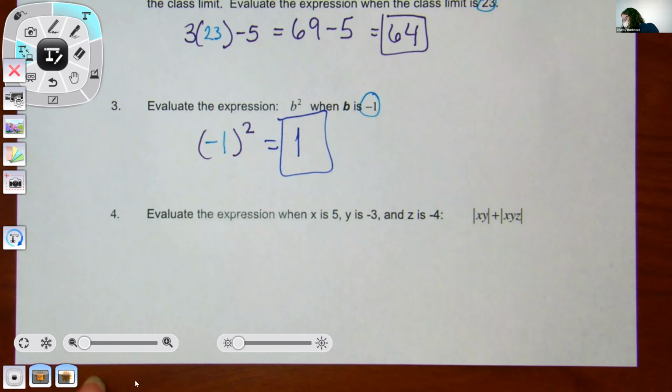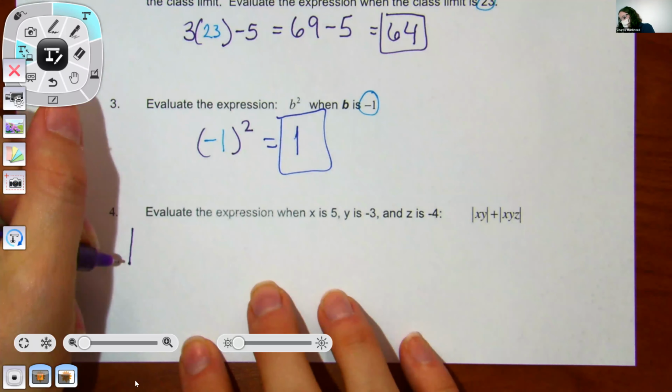Okay. Evaluate the expression when x is 5, y is negative 3, and z is negative 4. And the expression is the absolute value of xy, which means the absolute value of x times y, plus the absolute value of xyz.